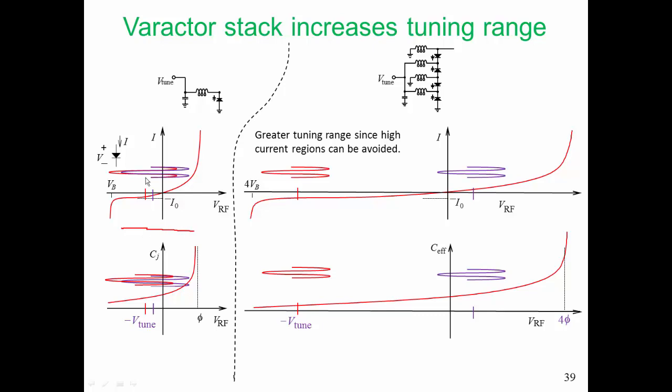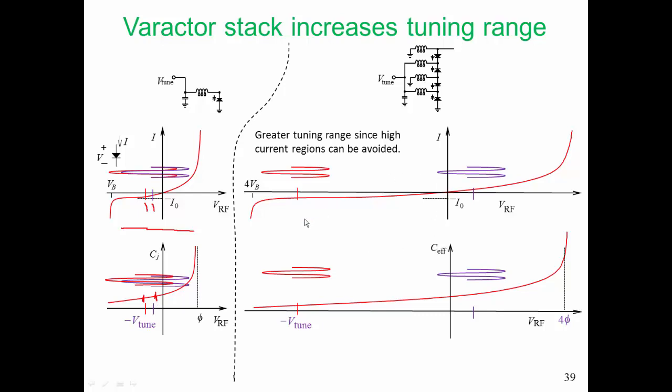The purple RF signal and the red RF signal result in the tuning range being very narrow. That is, the legal values of tuning voltage are really quite small. If we wanted to increase the tuning range, there would be more conductance and the performance of the oscillator will reduce. And so in the CV curve we'll see that we'll be able to go from a value of capacitance here to a value of capacitance here, which is only a little bit larger.